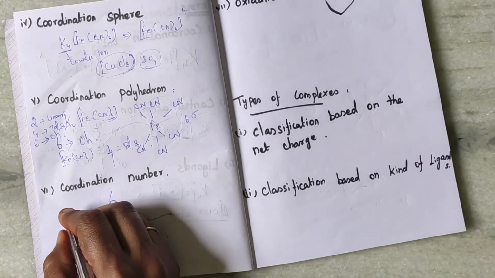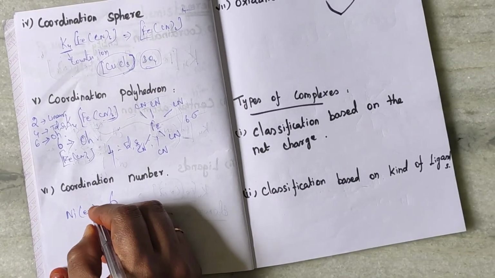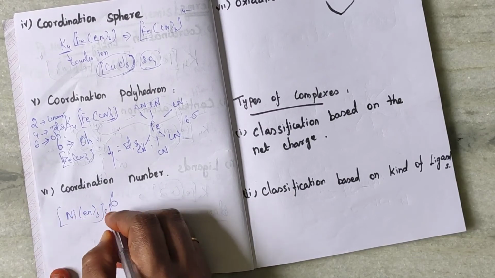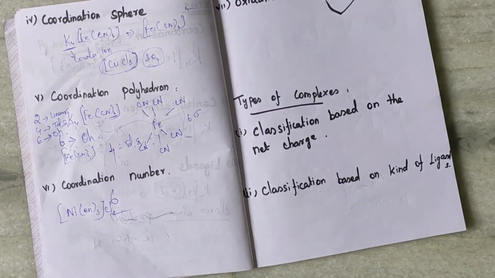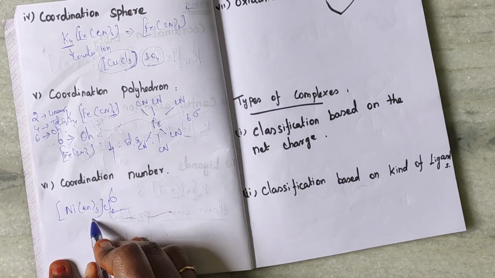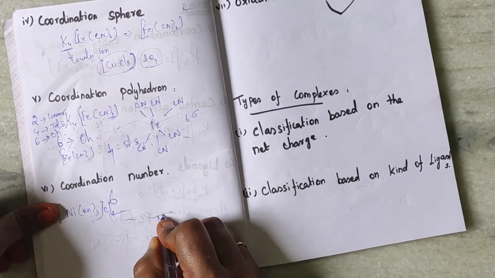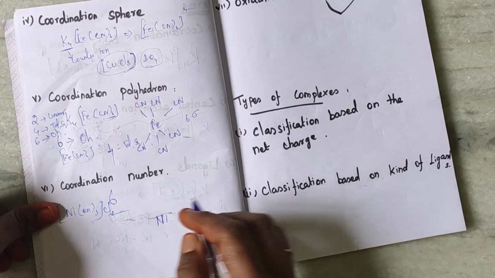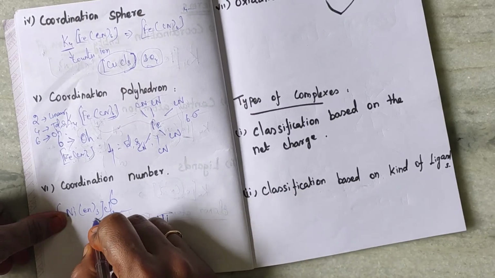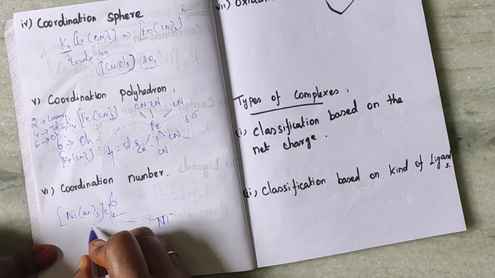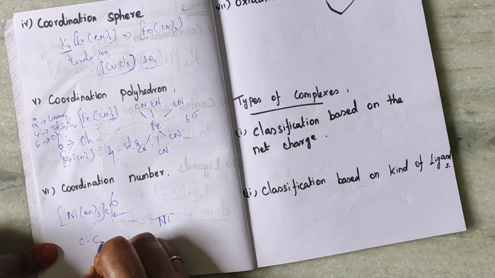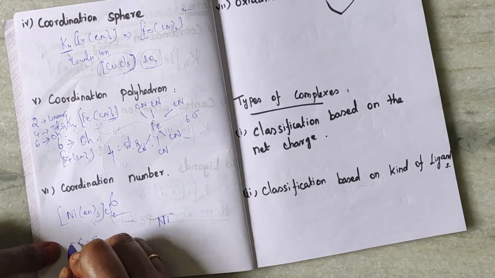I tell another example: Ni(en)3 Cl2. Here, what is the coordination number? We write it like this: nickel, ethylene diamine. What is the formula of ethylene diamine? Ethylene, 2 carbon, diamine.